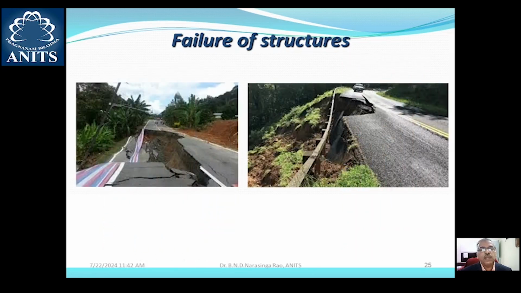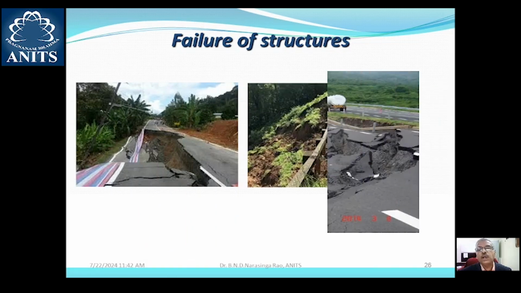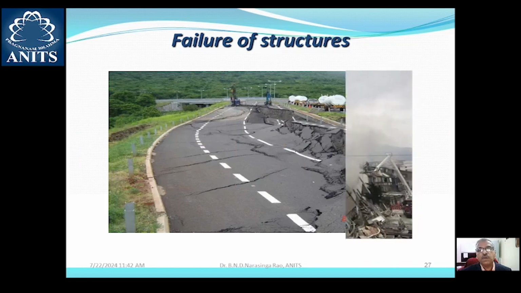So you can see that when the highways lose the support of the soil, it leads to their catastrophic failure.